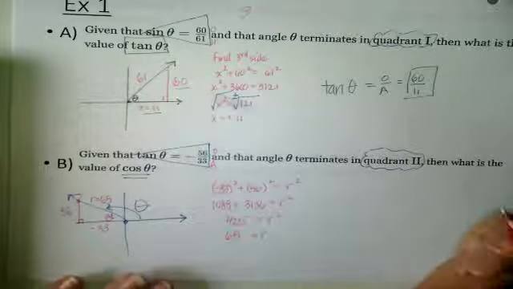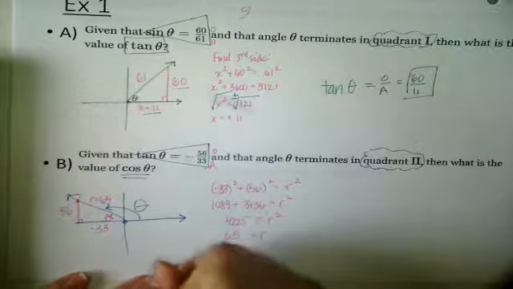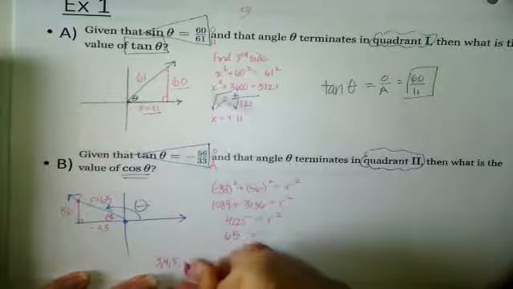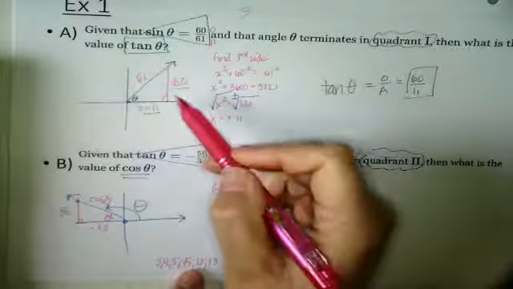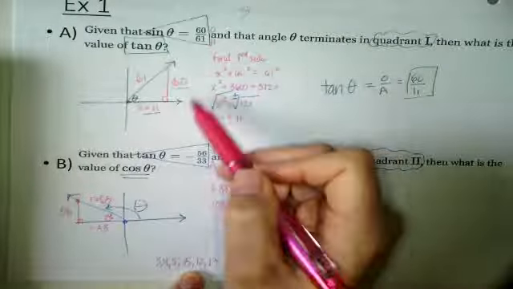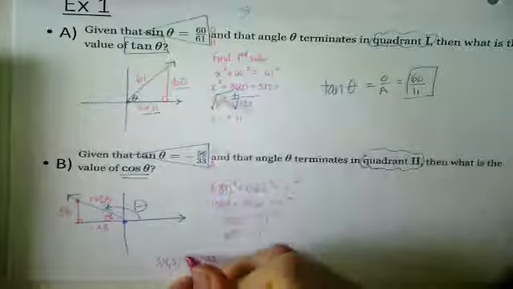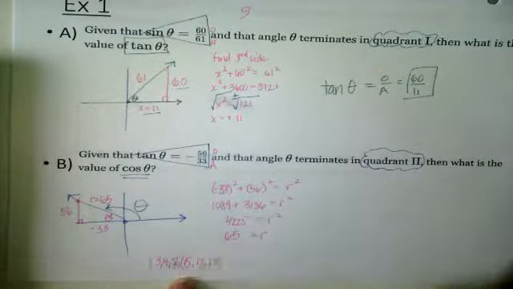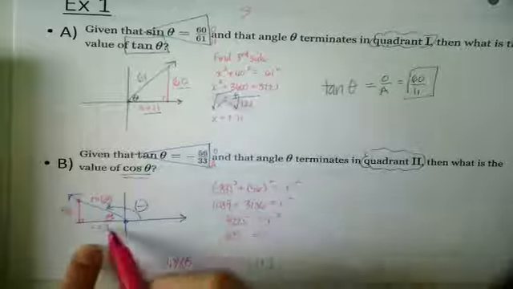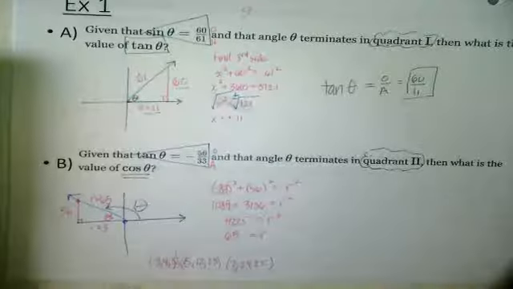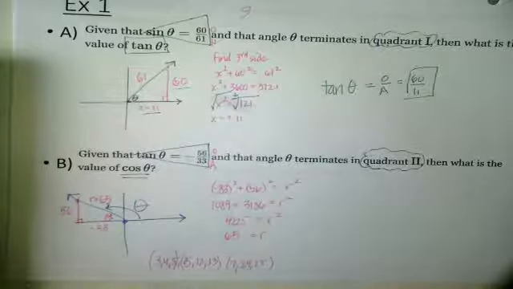Common ones are 3, 4, 5, 5, 12, 13, or 7, 24, 25. Those are common Pythagorean triples. All right, I digress. Here we go.